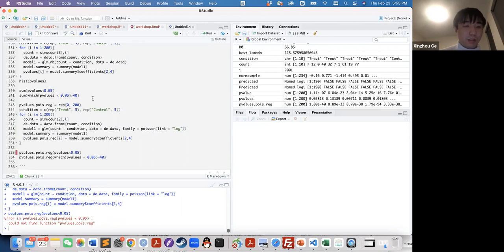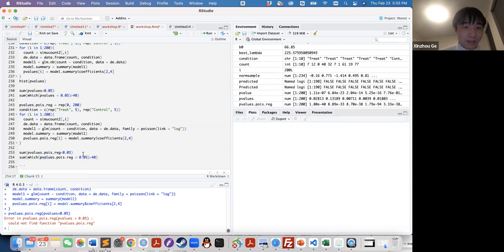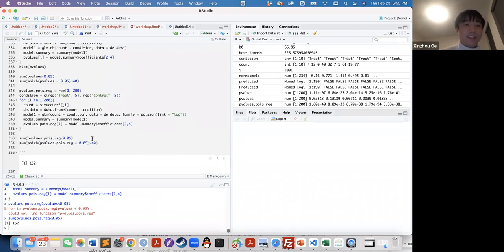Okay, oh, sorry, my bad. I forgot to change the model, I made a typo here. We did the copy paste thing. Okay, we can see that the number of discoveries is as large as 142 for the Poisson regression.